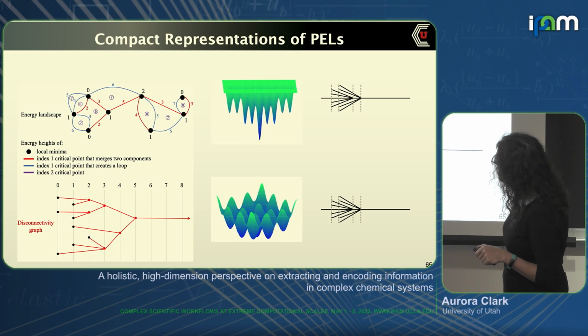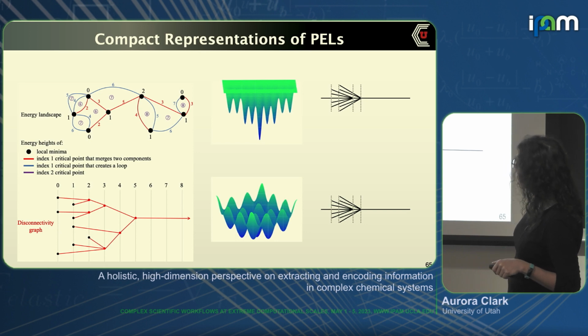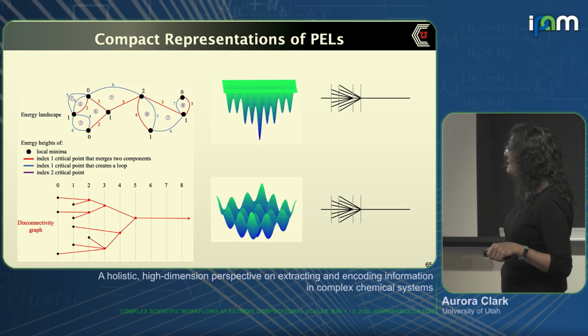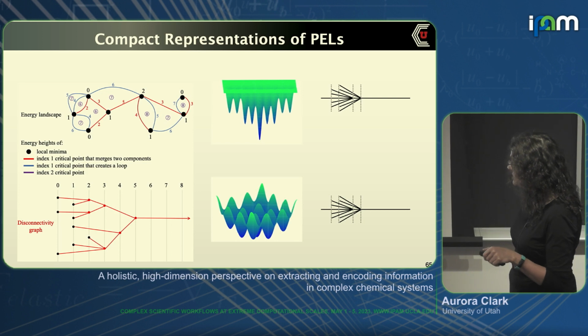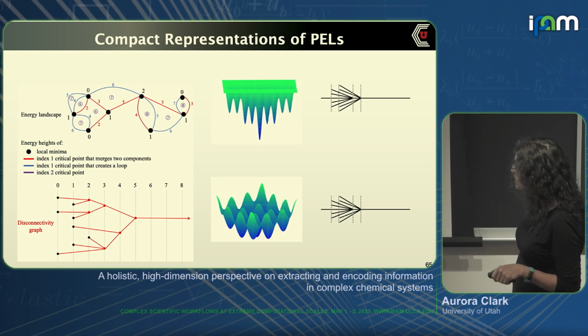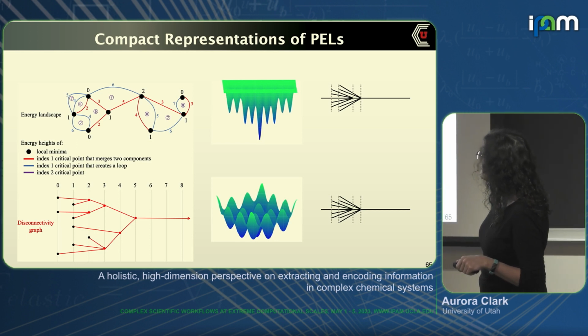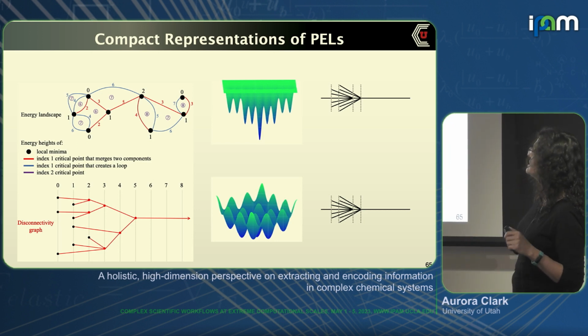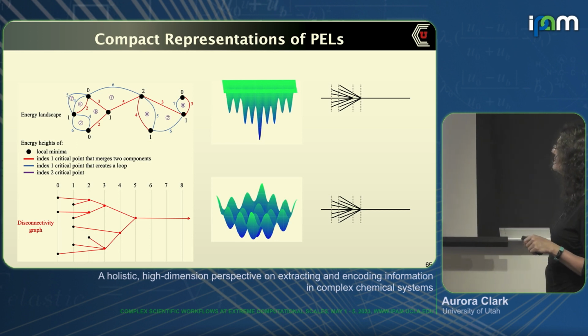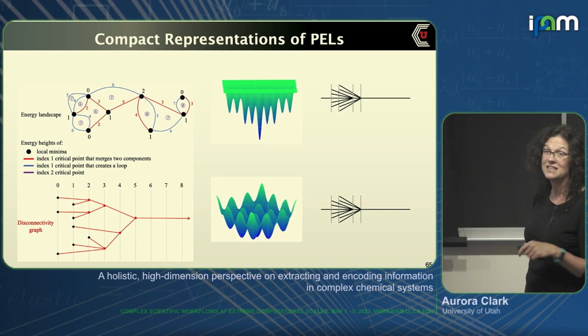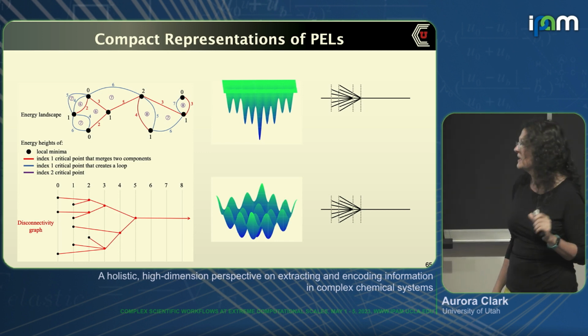Then I've got some index 1 points that maybe connect some of these 0 points. And I might even have some index 2 critical points, okay? But the disconnectivity graph, as I showed you before, for this particular energy landscape is only mapping those index 0s and 1s, okay? And the important thing to recognize about these disconnectivity graphs is I could have two very different energy landscapes, and they can give me the exact same disconnectivity graphs, okay?